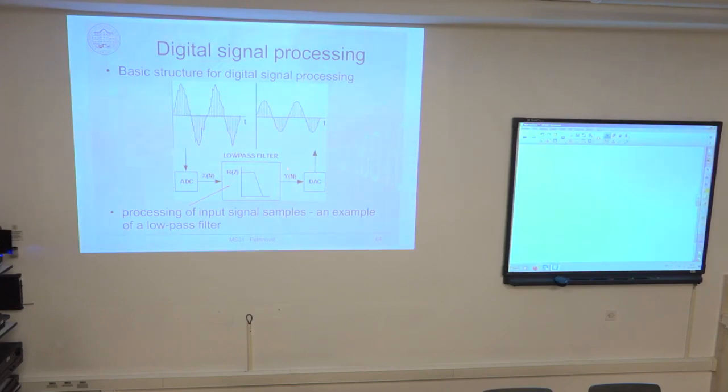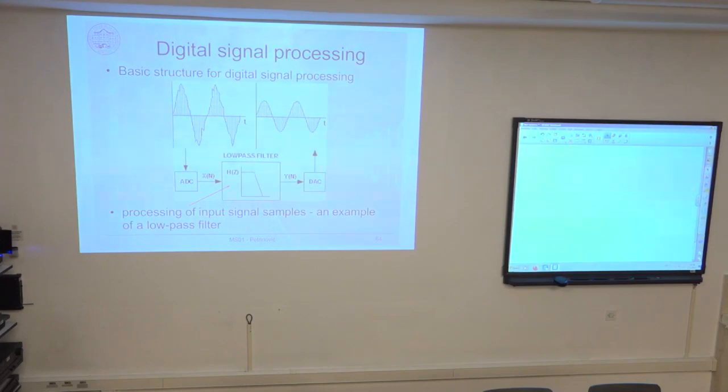And this output sequence is then fed to the DA converter, and from these vertical lines, which represent output samples, it will create this continuous line, solid line. It will do some kind of interpolation, and this will be the processed signal y of t. So we start from continuous signal x of t, and finally end up with processed output signal y of t.